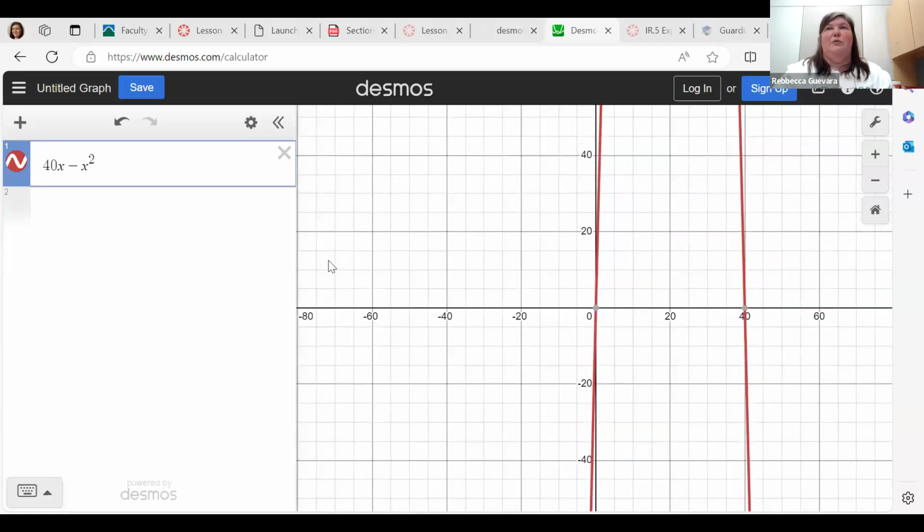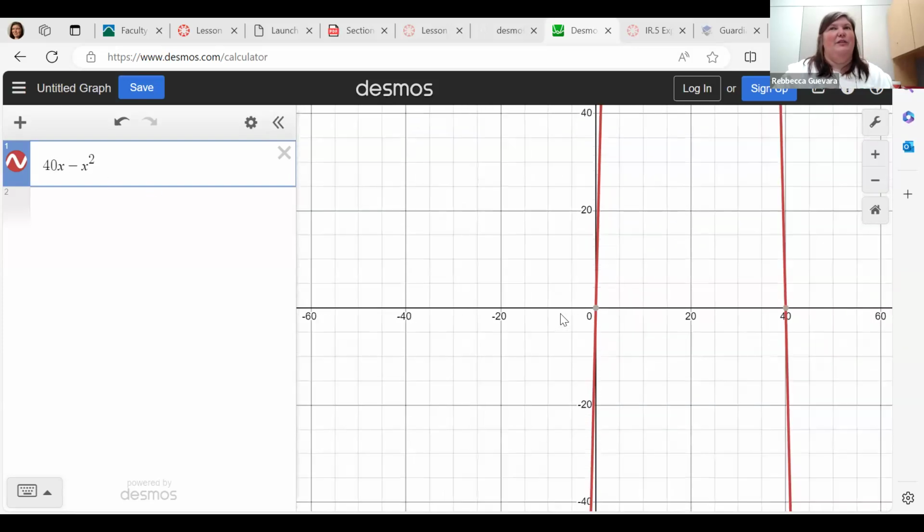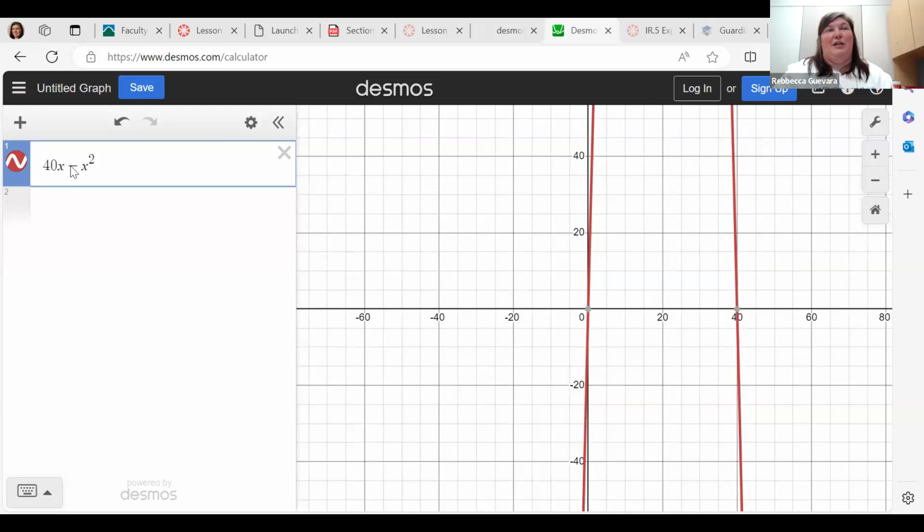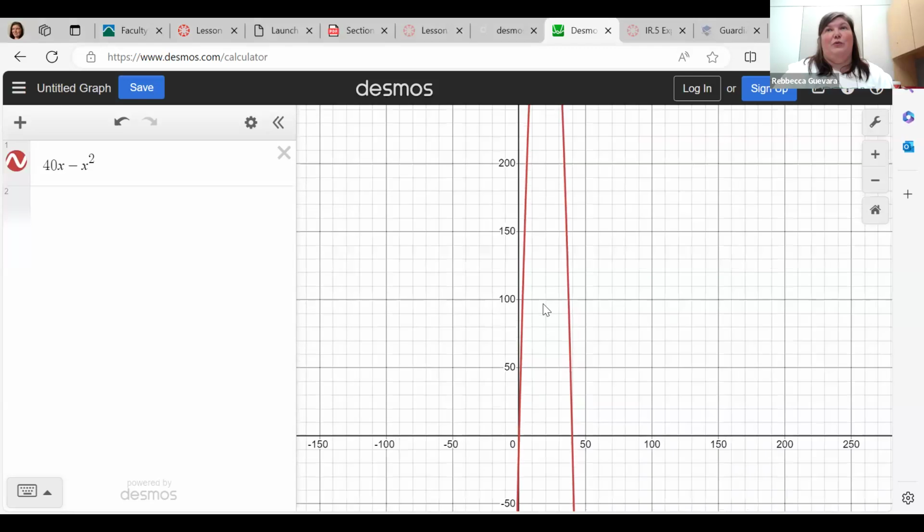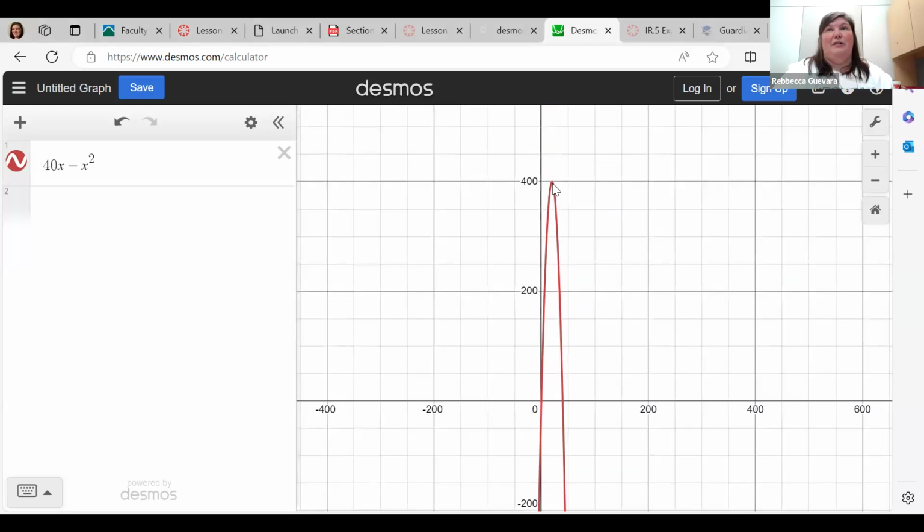All right, so I'm using Desmos, and in Desmos I have to replace all my variables with X, since it won't take the W very well. So I made it 40X minus X squared. So if we expand out, we see right up here is my maximum value. Let me click on that again.